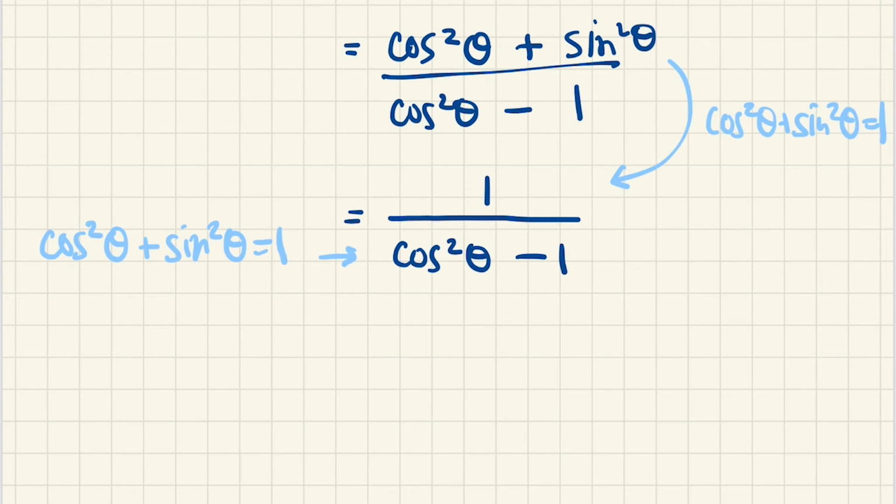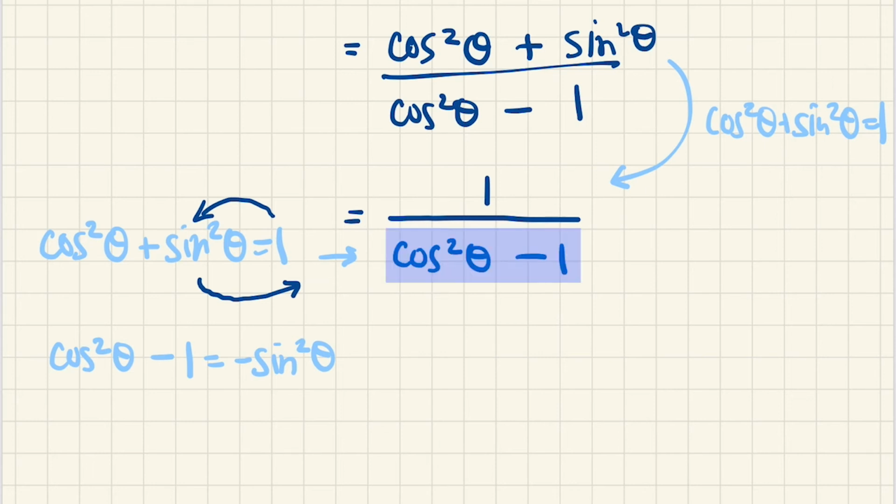And what we're going to do is create the form of cosine squared minus 1. So we can do that by moving the sine squared over and the 1 over, and we would get cosine squared theta minus 1 is equal to negative sine squared theta. Okay, so that tells us that this denominator is actually equal to negative sine squared theta.